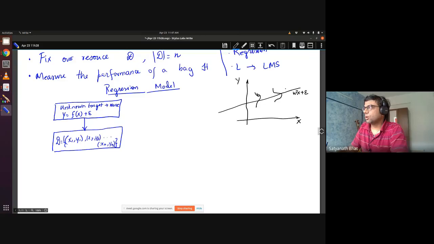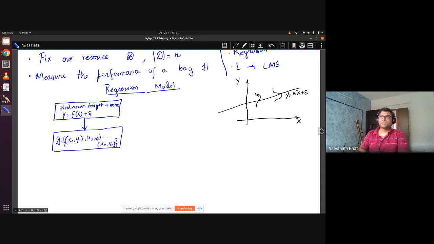So Y is given by W transpose X plus epsilon. All I'm saying is that was one model where the underlying model was linear. But in real life, the way your Y's are coming can be some unknown function f of x plus some epsilon, some noise.